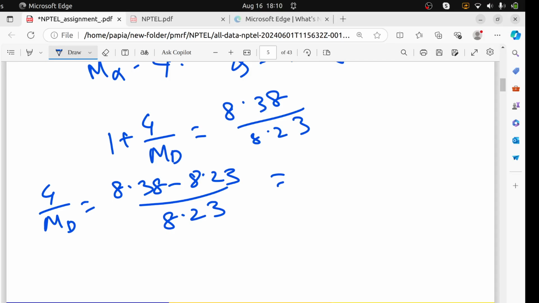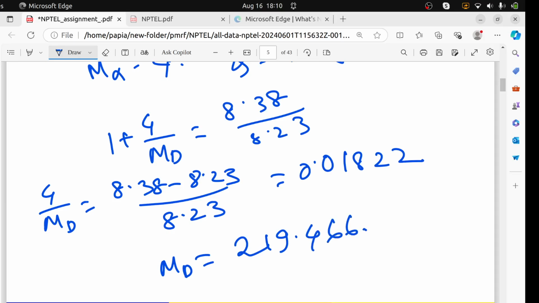Okay, so the value will be 8.38 minus 8.23 divided by 8.23. Yes, so it is 0.01822. So MD will be 4 divided by this answer.